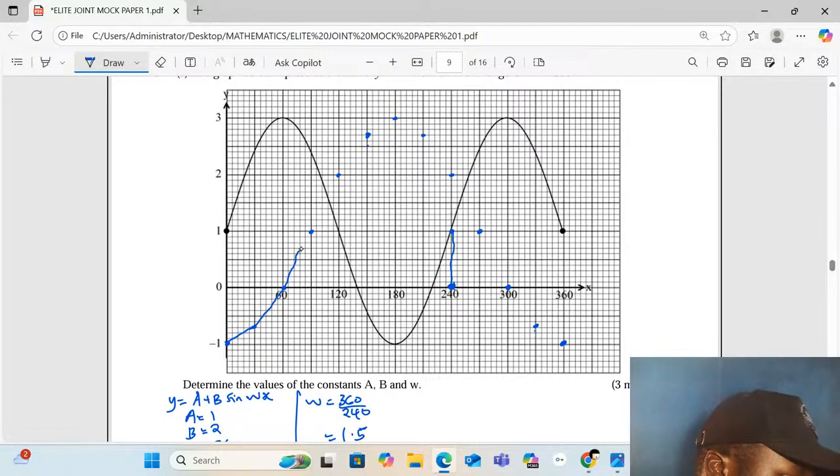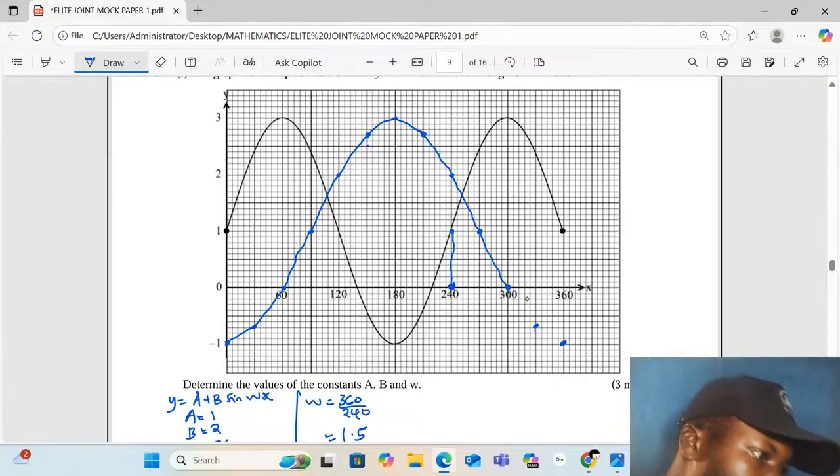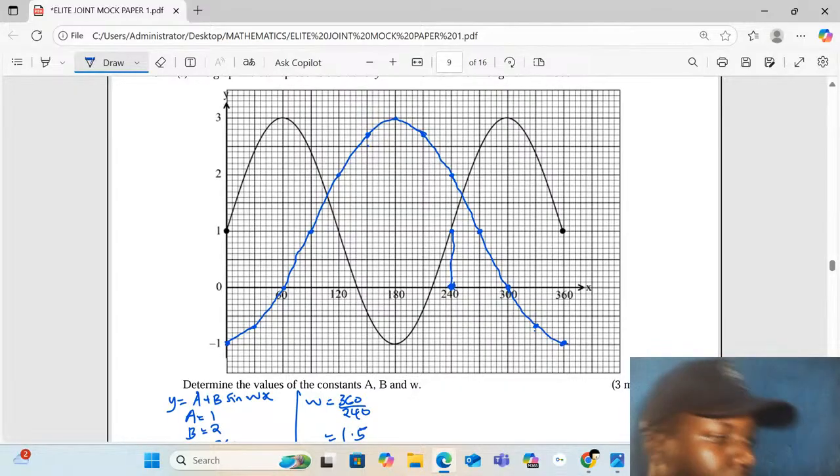That is how you draw your smooth curve. That way.